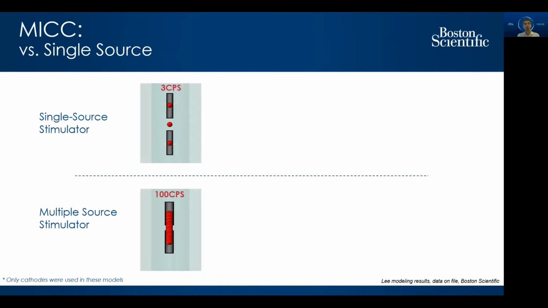If we consider two contacts first, controlled by a single source stimulator, we could here generate three different points of stimulation. With MICC, because we can control the fractionalization of the current allocated on each contact with a 1% increment, it means that then we have 100 possible points of stimulation available.